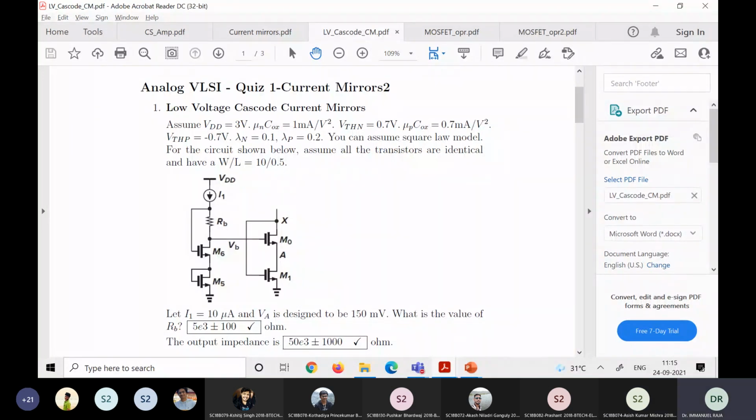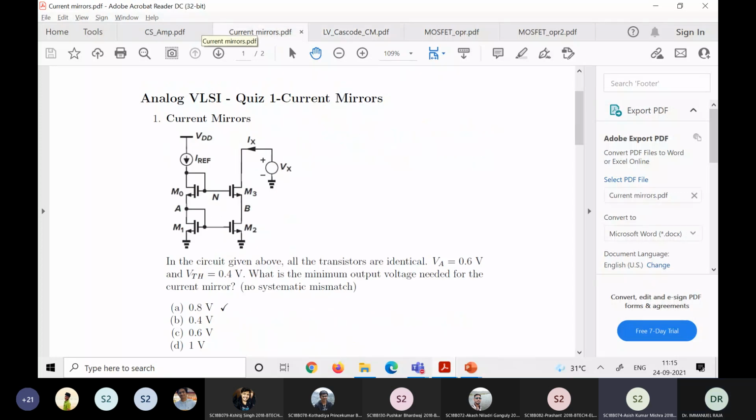Yeah, someone had a question? Yes, sir. Sir, in the previous question, can you open that multiple choice? Sir, here since M0 and M1 both are similar transistors, for the same IREF, we want to get the same VGS and same VDS? Yes, of course. That, sir, is what I'm telling you. VA.